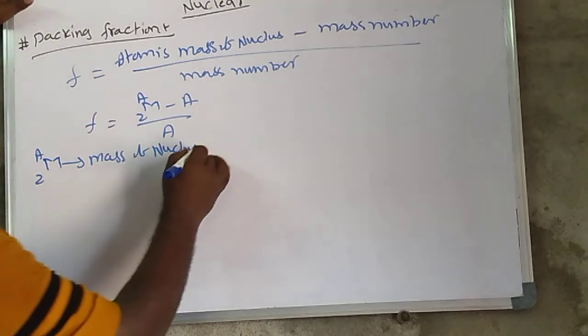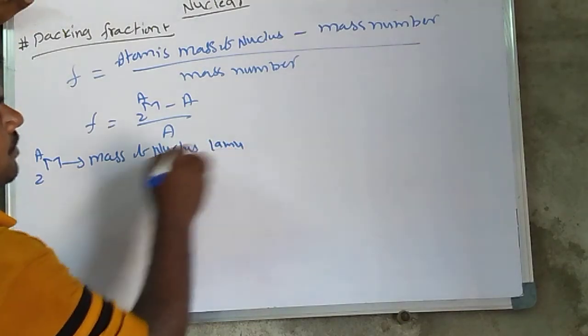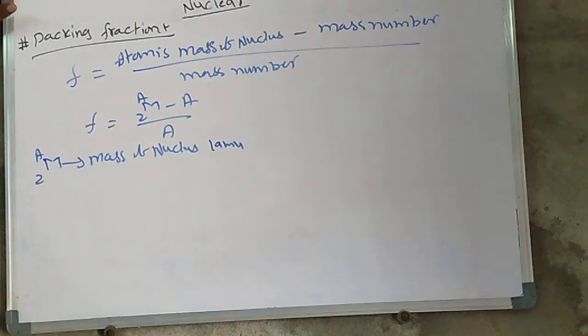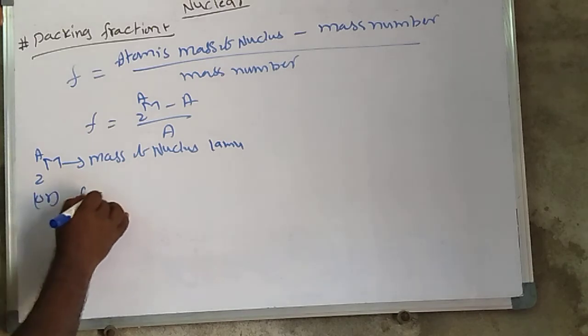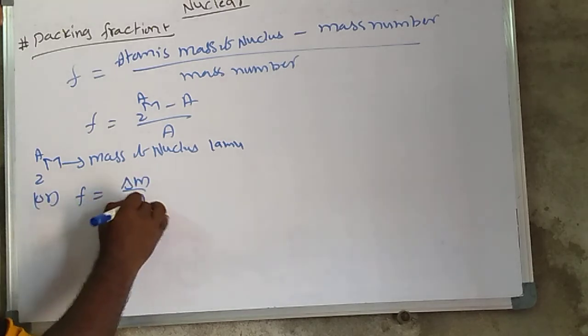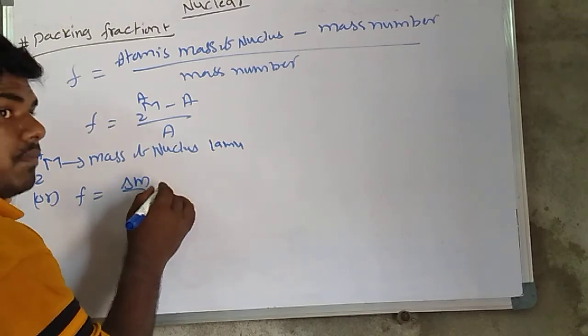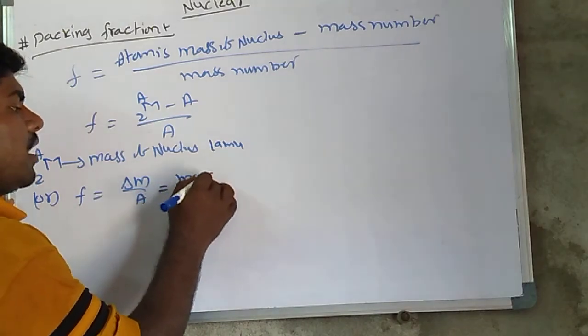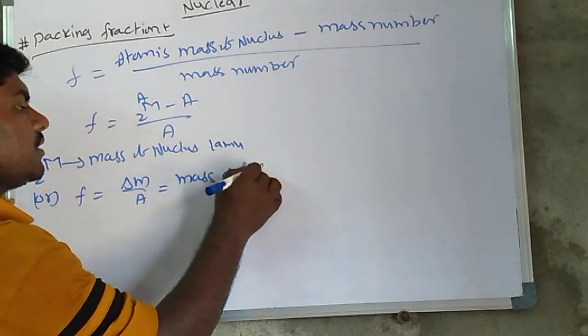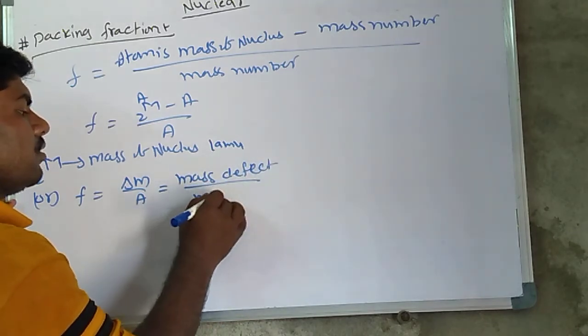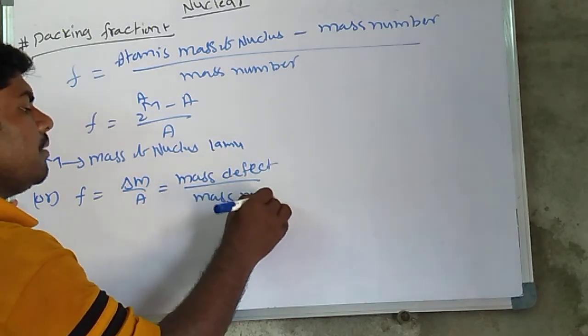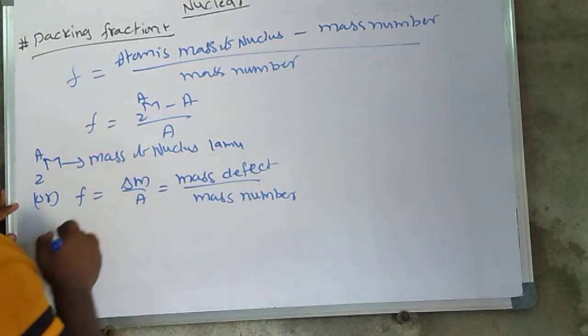In another statement, the packing fraction is delta m divided by A, the mass defect by mass number.